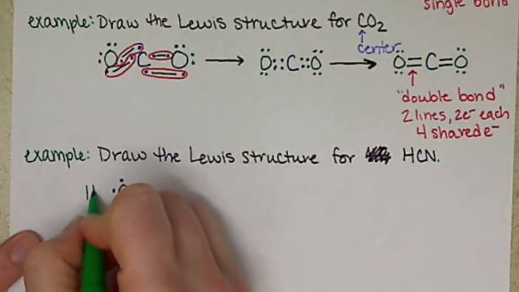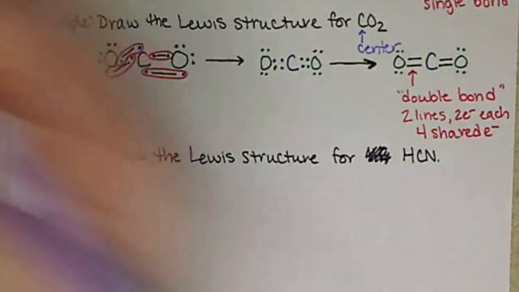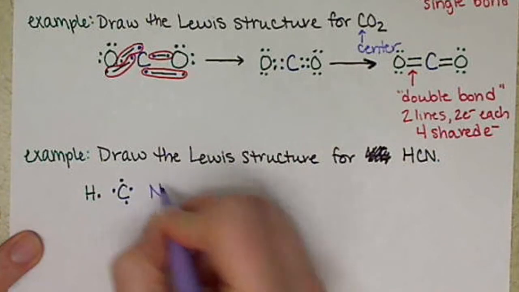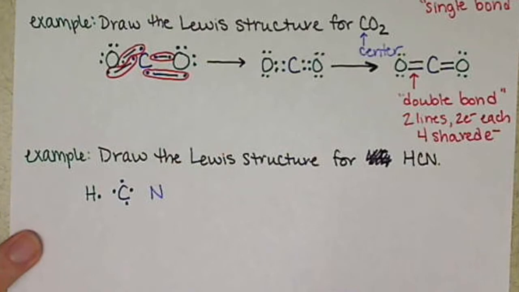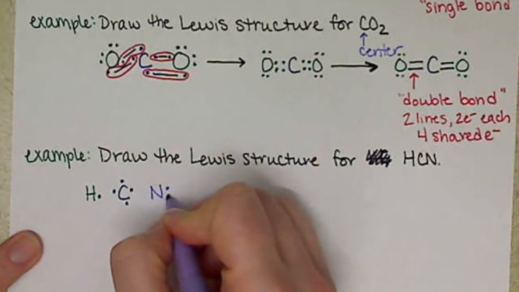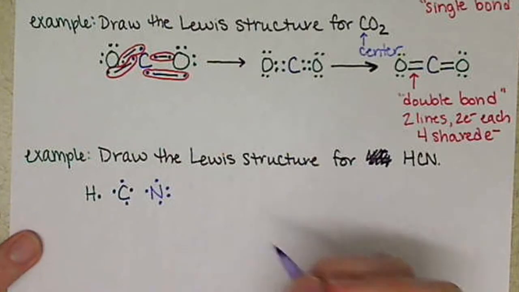Then we'll have hydrogen on one side with its 1 valence electron. And then, oh, that's a little close to blue. Let's do my light purple. We'll put nitrogen. Nitrogen has 5 valence electrons. It's in group 5A. So we have 1, 2, 3, 4, 5.